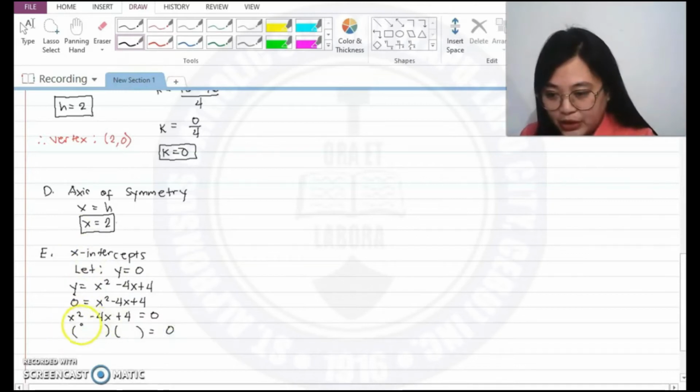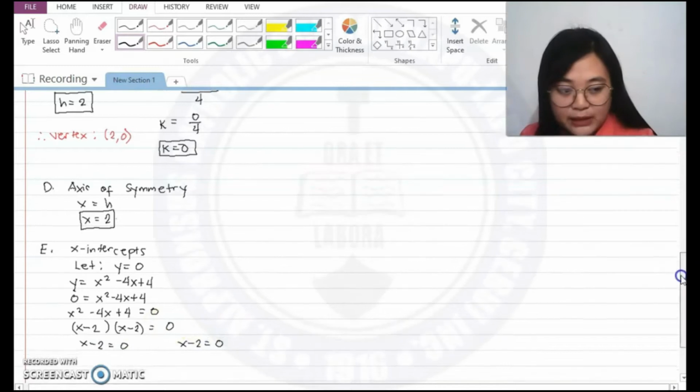Square root of x squared, that is x. Copy the minus. Square root of 4, that is 2. Therefore, it will become x minus 2 equals 0, and x minus 2 equals 0, by the zero factor property of equality.